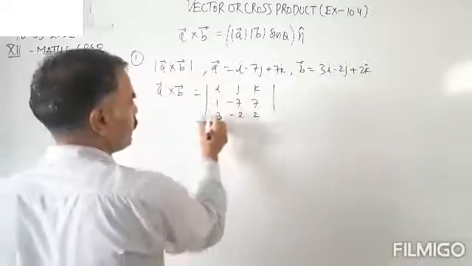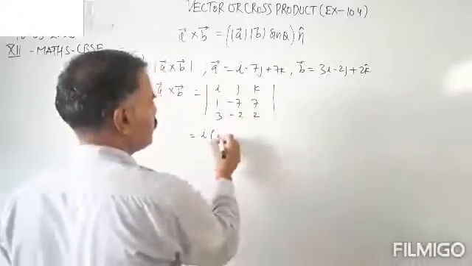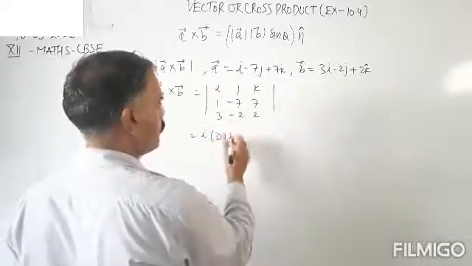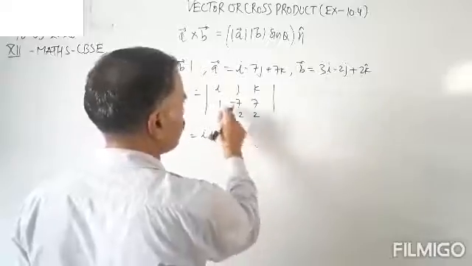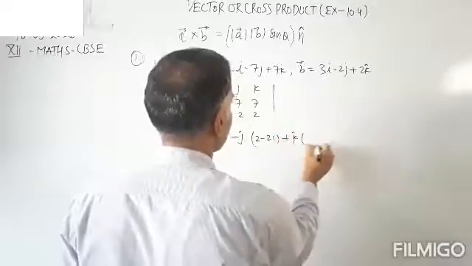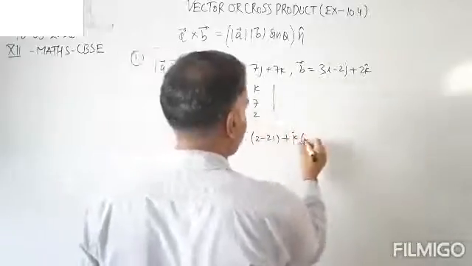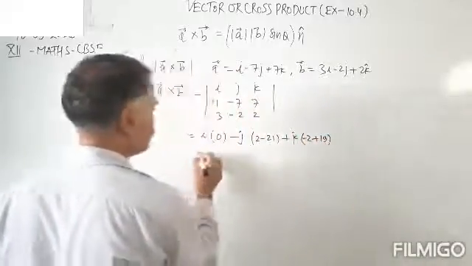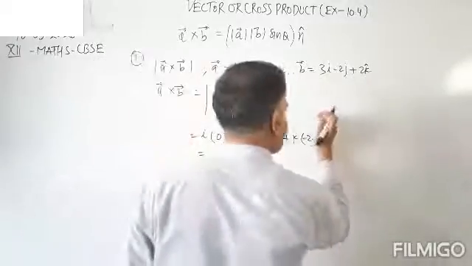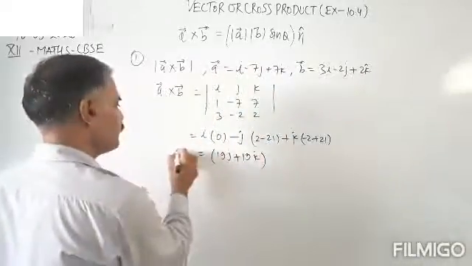Now we will multiply this. i cap into minus 14 plus 14, that is 0, minus j cap into 2 minus 21, plus k cap into minus 2 plus 21. So this equals 19j cap plus 19k cap. This is a vector cross b vector.